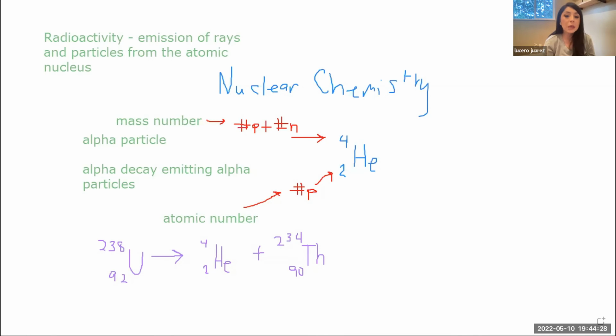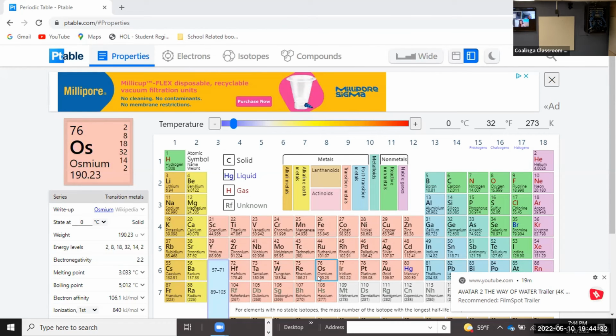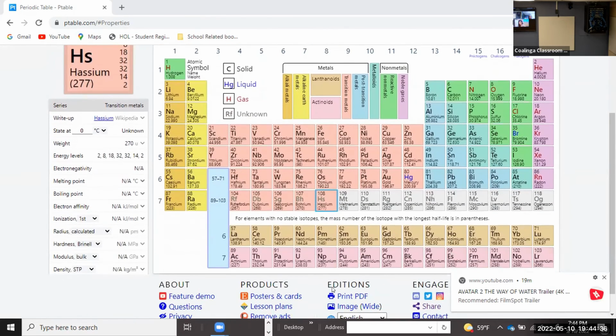So we're releasing helium, that's the alpha particle, and then we get the remainder, what's left over. That gives us a radioactive material.